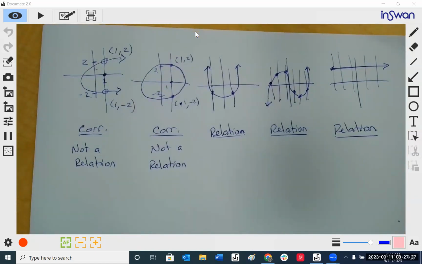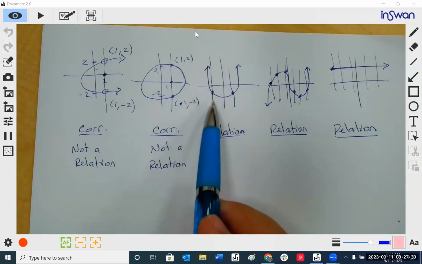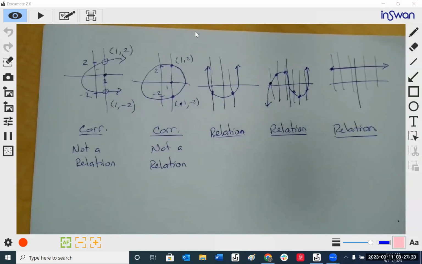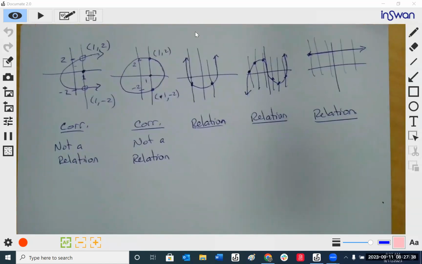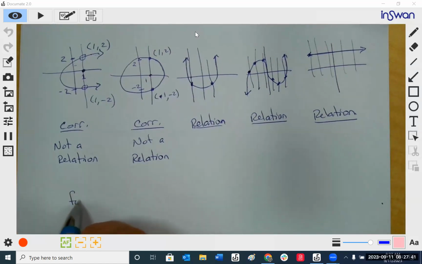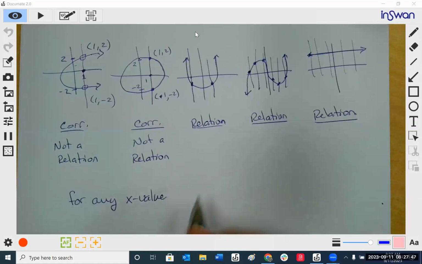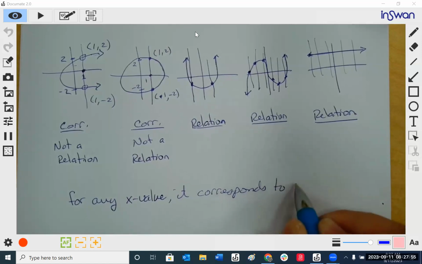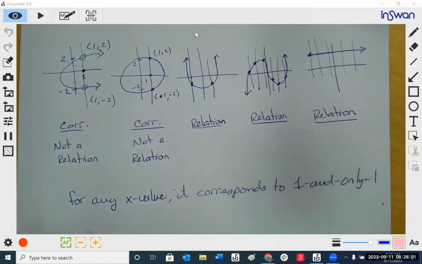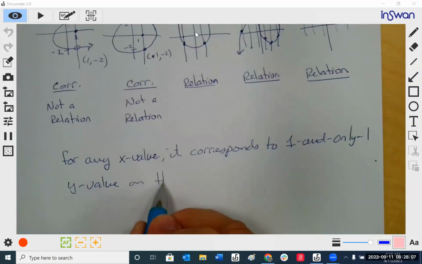So that's how it goes with our definition. For any x value, it corresponds to one and only one y value on the graph.